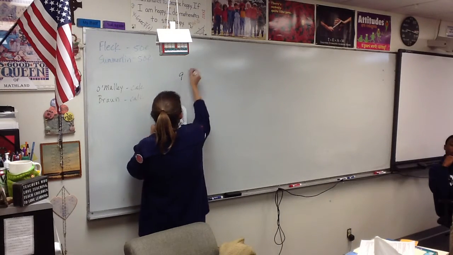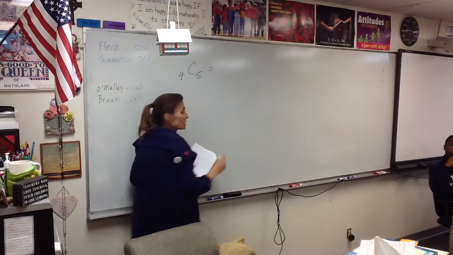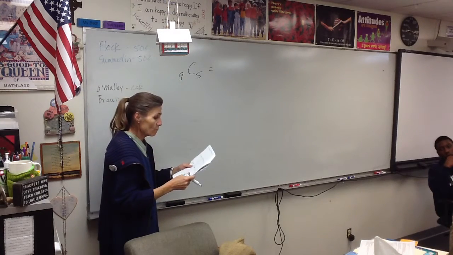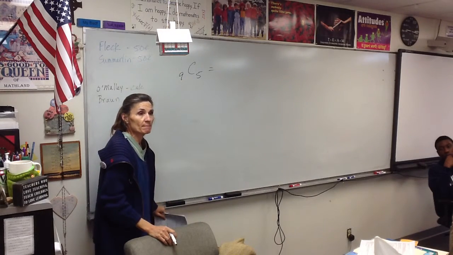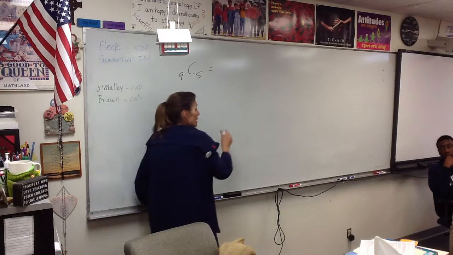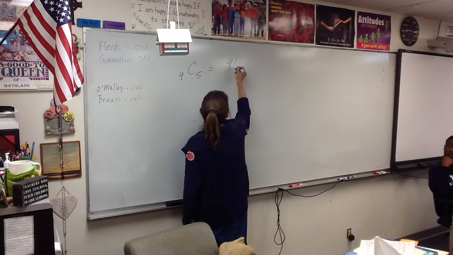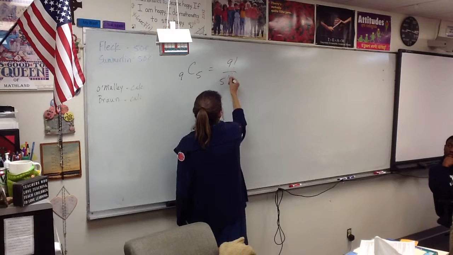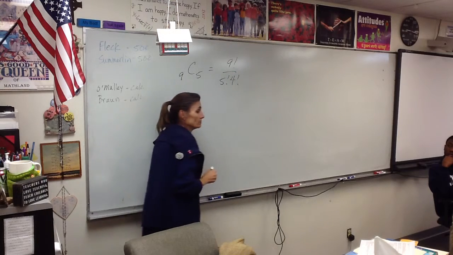If we had 9C5, we just talked about that one, so we should remember. If we had 9C5, what would that be? 9 factorial over 5 factorial, 4 factorial.